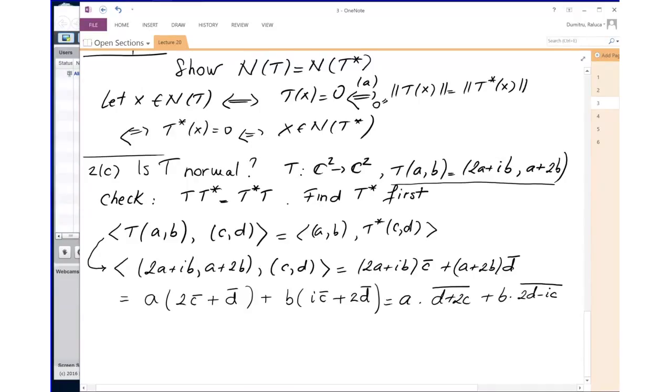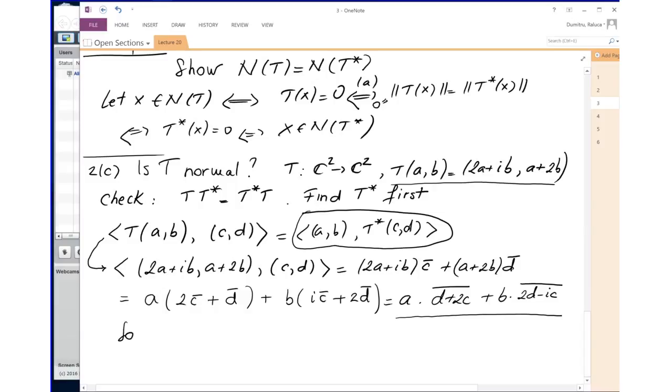Now, why do I do this? So I wrote it as A times the complex conjugate of something plus B times the complex conjugate of something, because I want to relate it to the right-hand side. The right-hand side is the inner product between the pair A, B and whatever T star of C, D is, which is another pair of two elements, X and Y, right? But when you take the inner product between the pair A, B and the pair X, Y, you get A X star plus B Y star. Here it is, A X star plus B Y star.